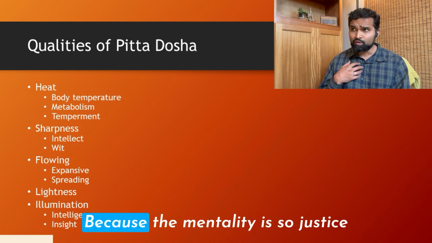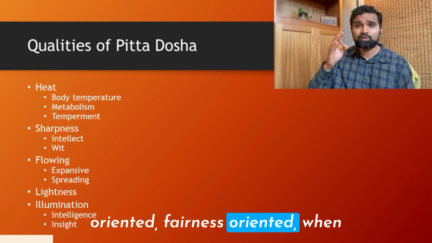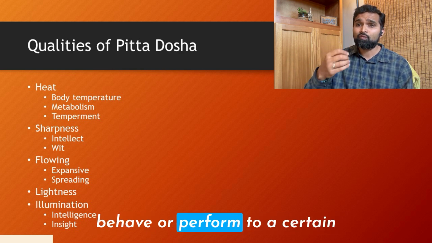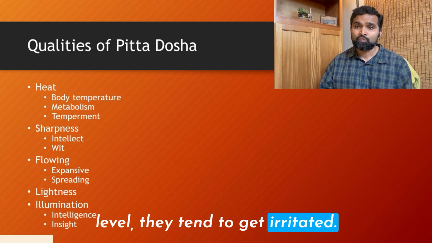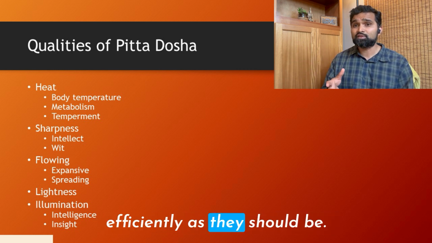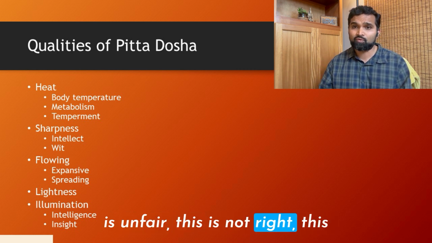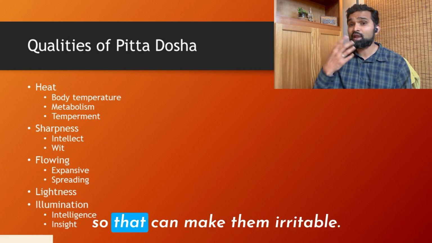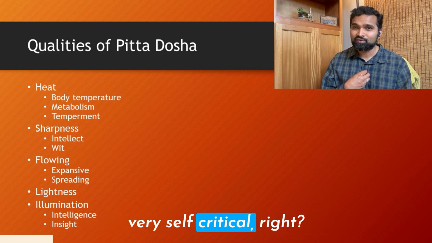Because the mentality is so justice and fairness oriented, when people don't behave or perform to a certain level, or things are not going as efficiently as they should, their unconscious feels this is unfair, this is not right, this should be going more easily. That can make them irritable. But they can also be very self-critical, right?